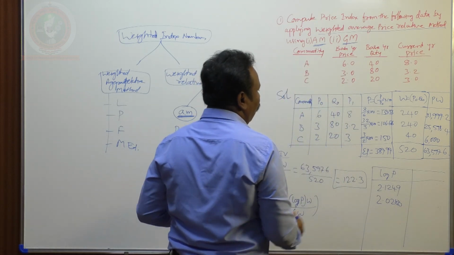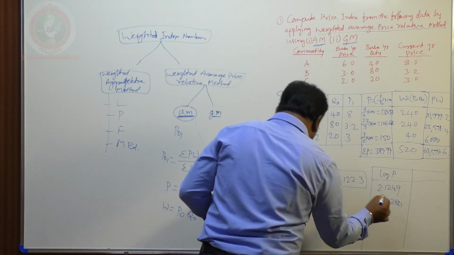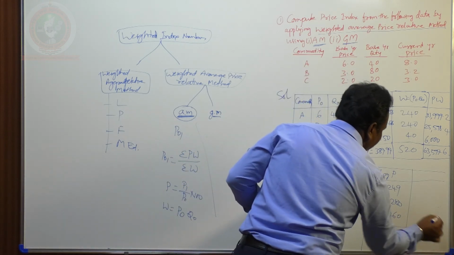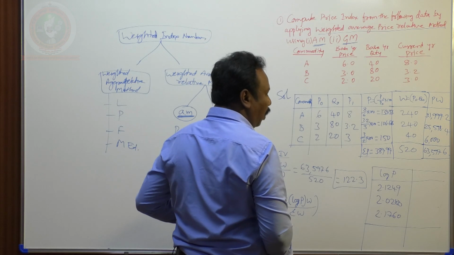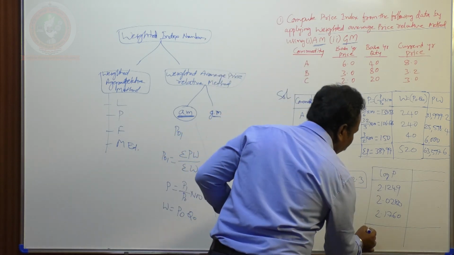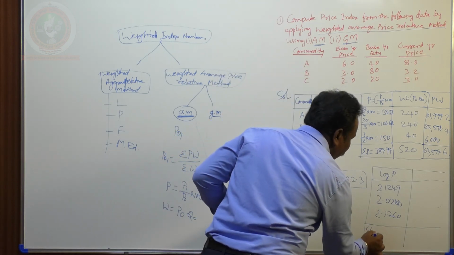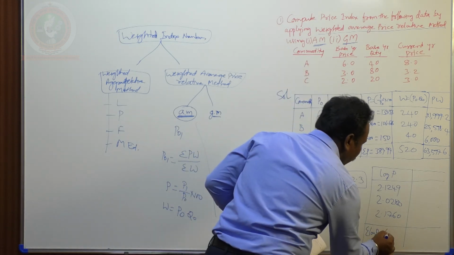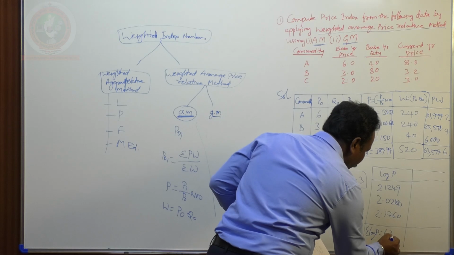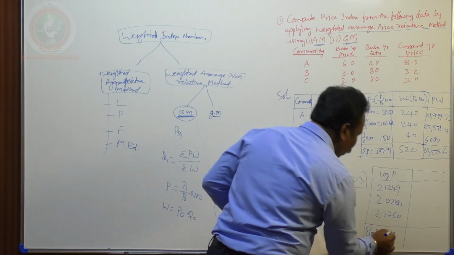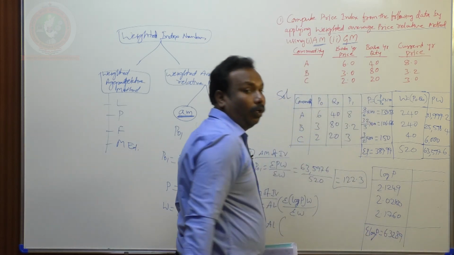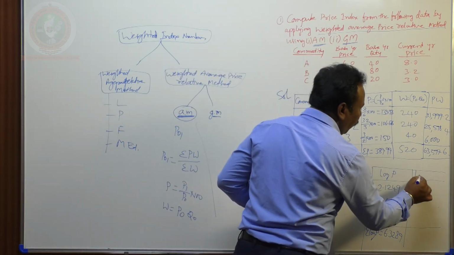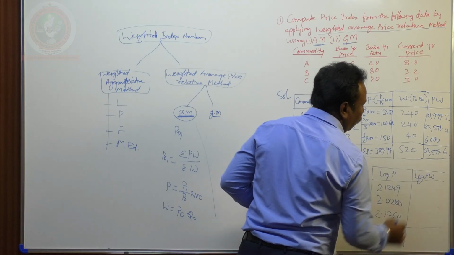Then the log of 150 is 2.1760. That is log P. So the summation of log P, adding these three, is 6.3289.